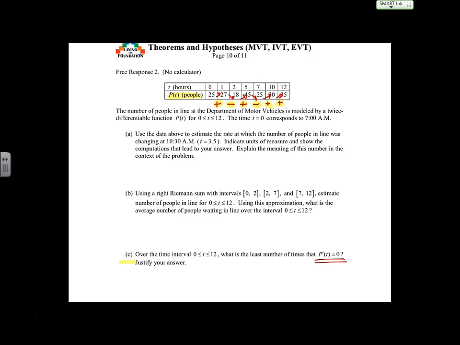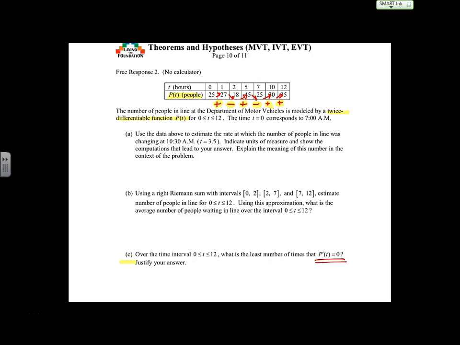The directions say a twice differentiable function, meaning P is continuous, P prime is continuous, aka P is differentiable, and P double prime is continuous, aka P is twice differentiable. What do I know? The derivative is going to go from positive to negative at least once between 0 and 2 by MVT. At least once between 1 and 5.